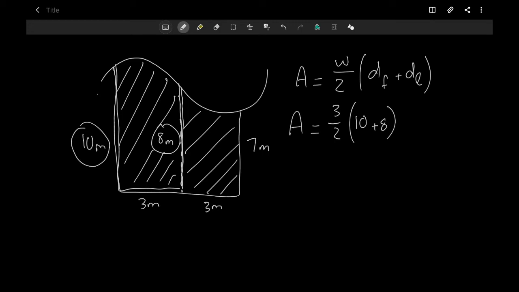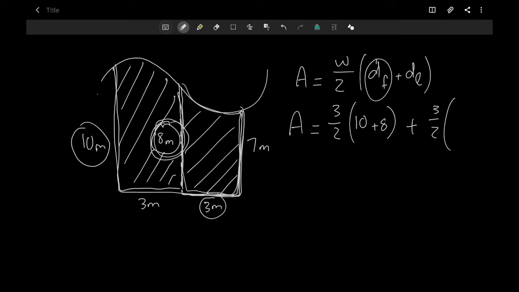Now here comes the bit that you need to remember. Because you need to make two applications, you add another one. So that would mean you need to add this shape right here. So W for this shape is 3, so 3 over 2. dF, which is the new dF for this shape, is now 8, plus dL for this shape is 7.